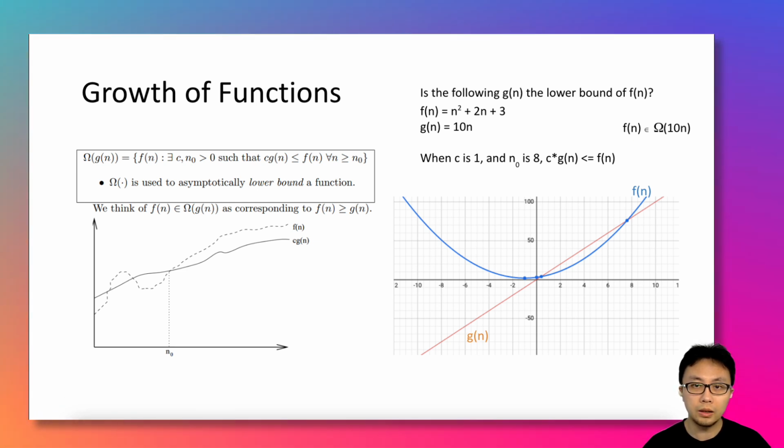Okay, wait a second. Is the coefficient 10 inside omega necessary? Can we simply remove it? Well, yes, you can. In that case, you are actually trying to establish the relationship between Fn and a different function, which is simply n. We change the constant number c from 1 to 10, and we don't even need to change the plot at all.